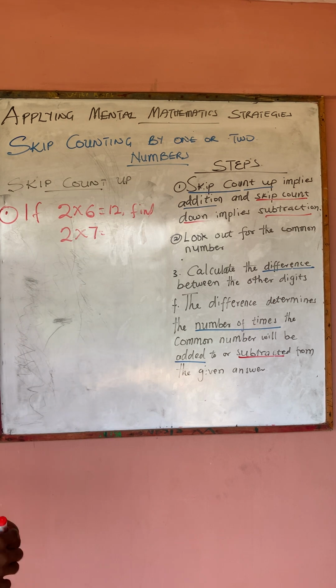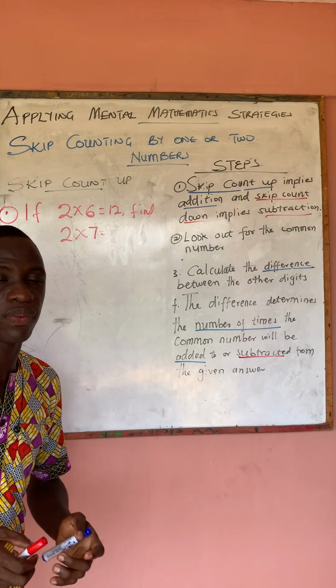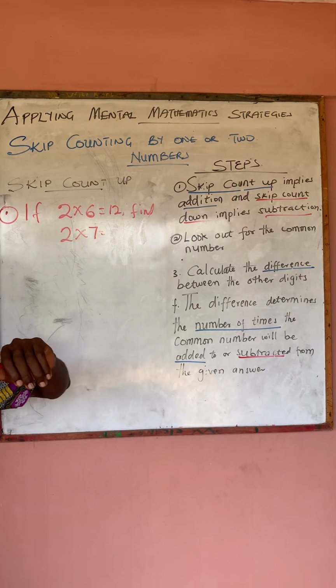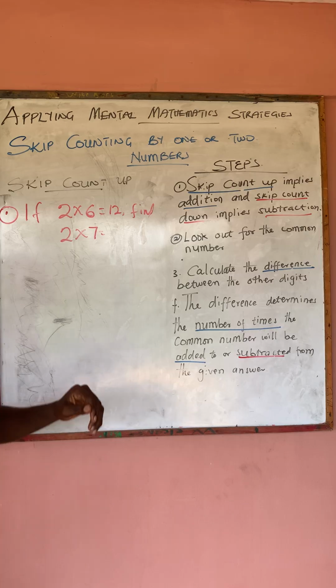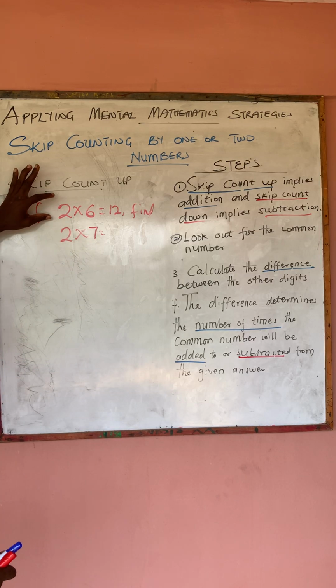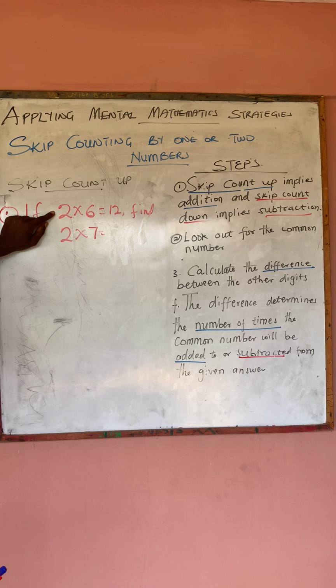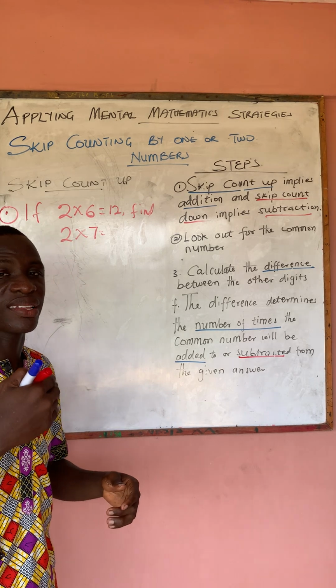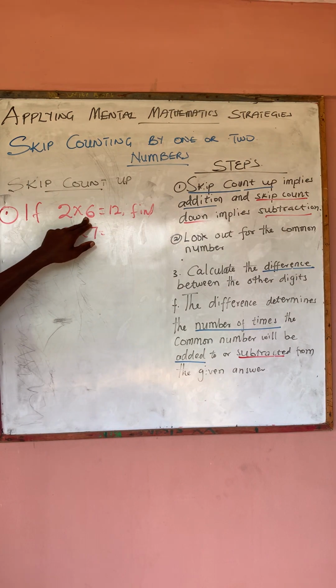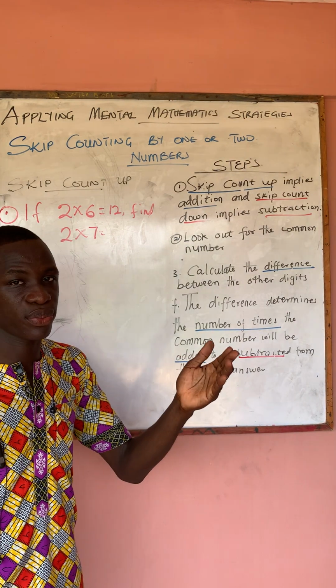If 2 times 6 equals 12, find 2 times 7. Looking at what you have been given, 2 times 6, and you are looking for the value of 2 times 7, you see that 2 times 7 is more than 2 times 6. So that implies a skip count up.